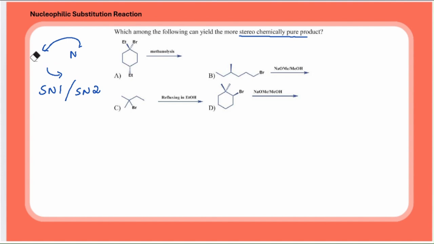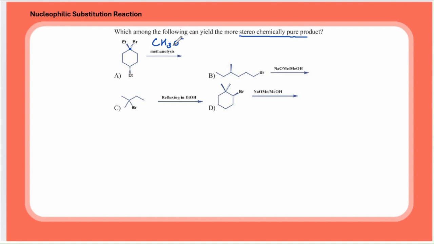You see here, it's a tertiary halide, because this carbon is attached to 3 carbons. And it is methanolysis. What is methanolysis? The reagent taken here is methanol, right? The solvent itself is acting as a nucleophile.